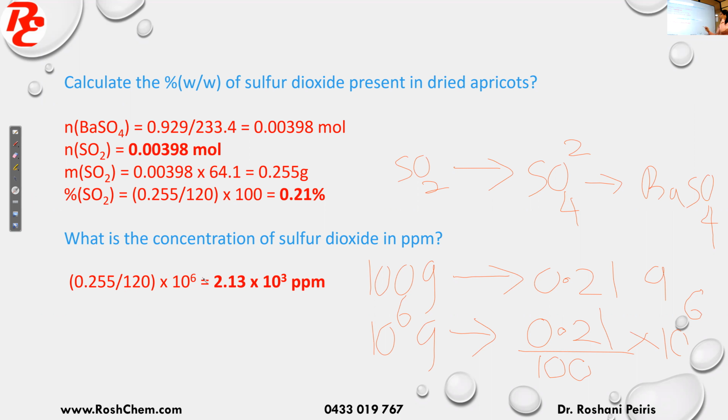So you can find the ppm value using the percentage you obtained here: 100 grams contain 0.21, therefore 10 to the power 6 contains what? Or you can find the ppm value using 0.255 present in 120. You divide by 120 to see how much is present in 1 gram, and then multiply by 10 to the power 6. Both will give you the same answer.